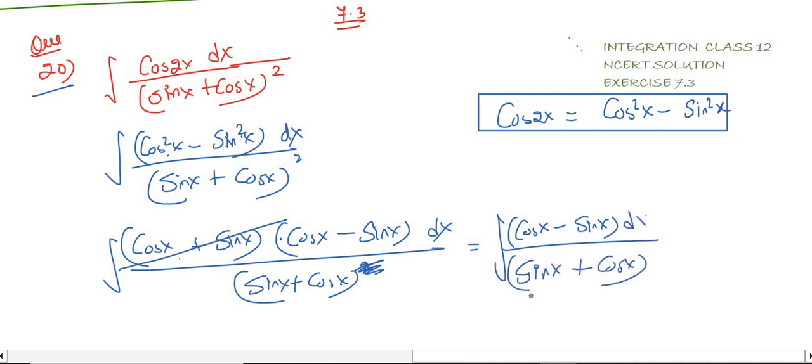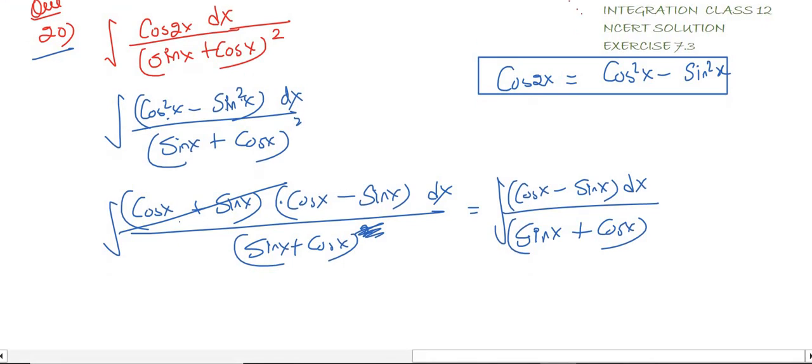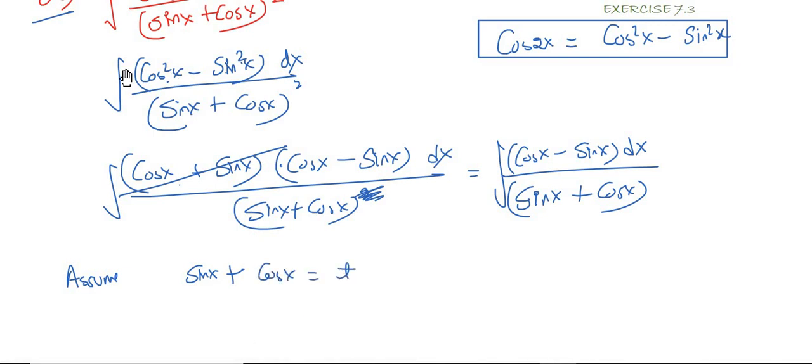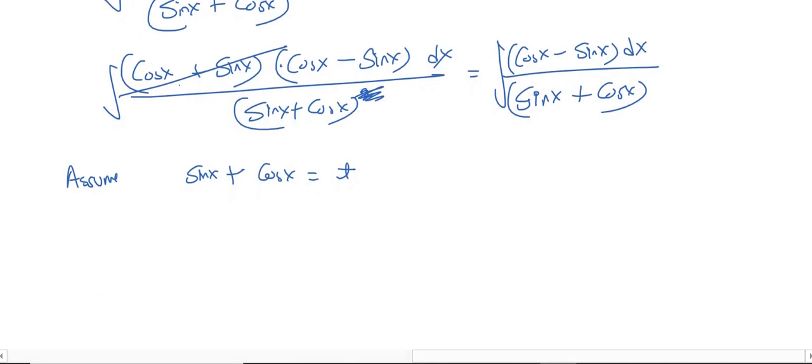Now what is left over is the integration of (cos x minus sin x) by (sin x plus cos x). If you have practiced well, guys, you can see clearly we can consider the denominator as t. Assume sin x plus cos x is t. If I take it as t, let me differentiate both sides.